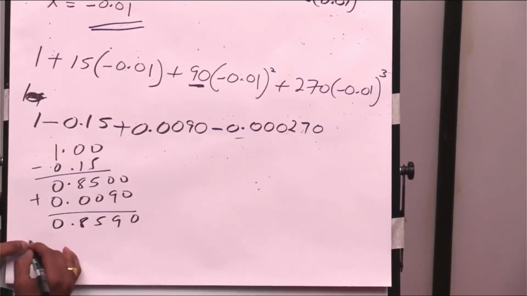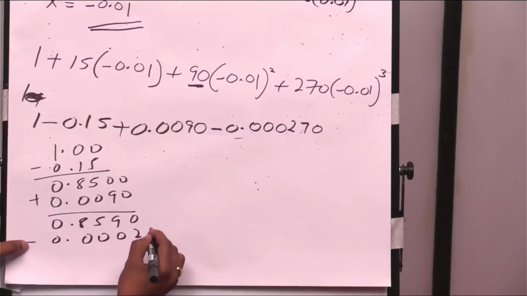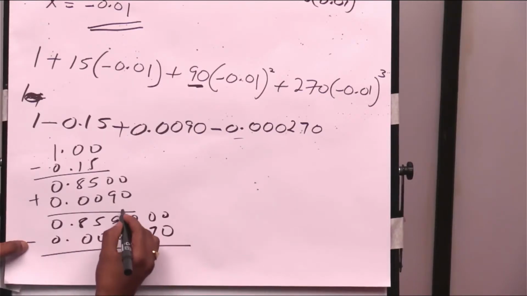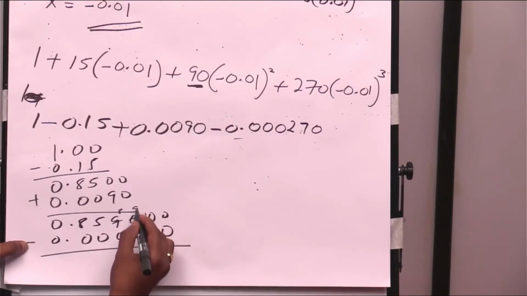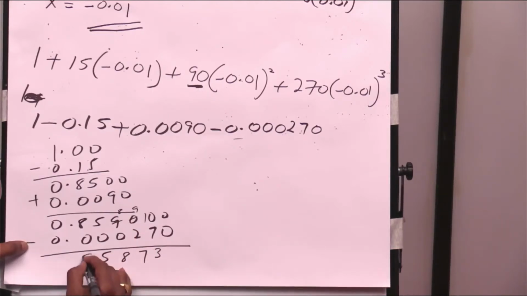Then you subtract this minus 0.000270. Borrow 1 from 9 becomes 8, 10, 9, 10, 3. 7 minus 9 minus 2 is 7. This comes to 0.8587.